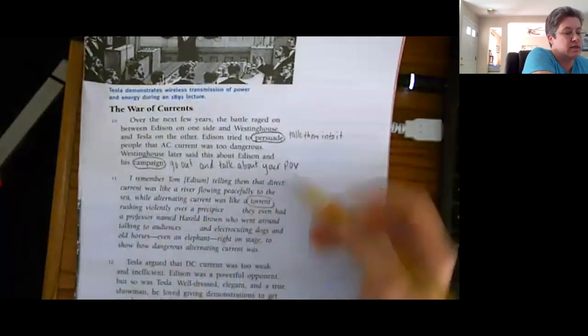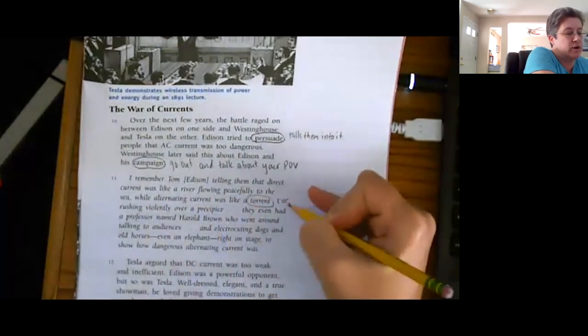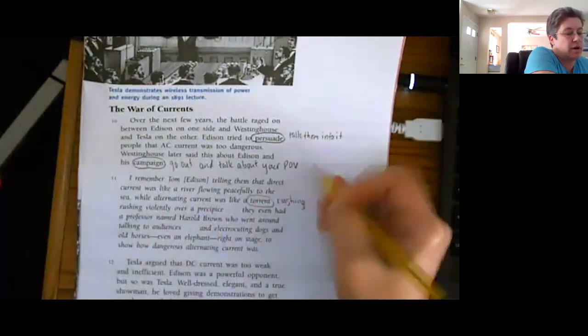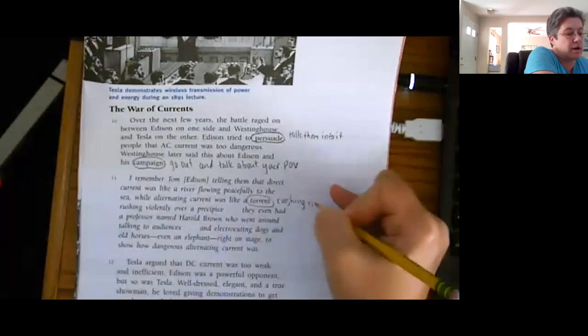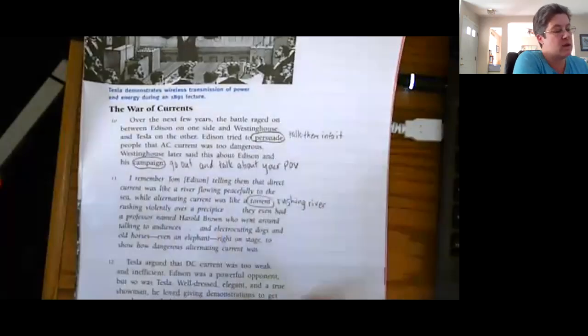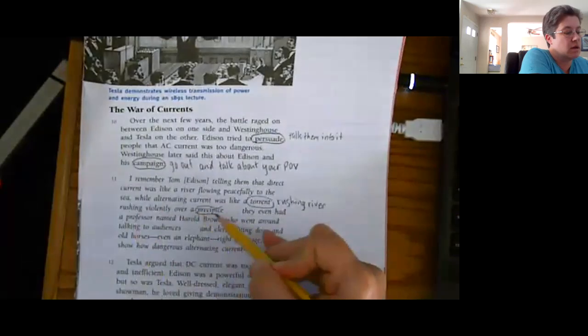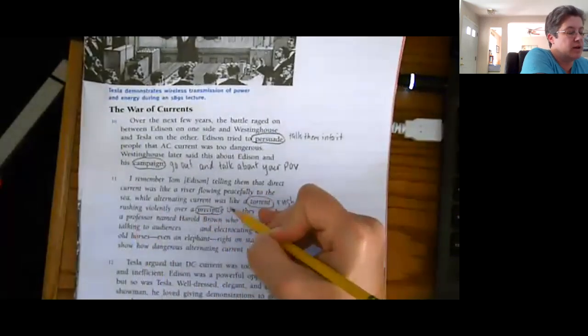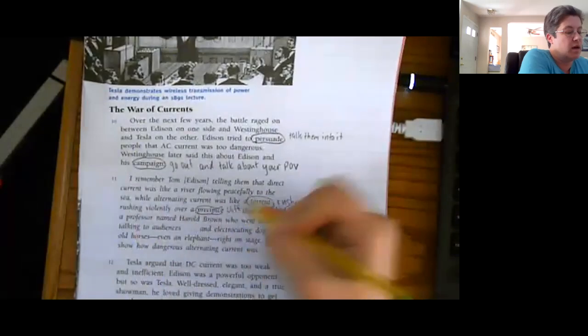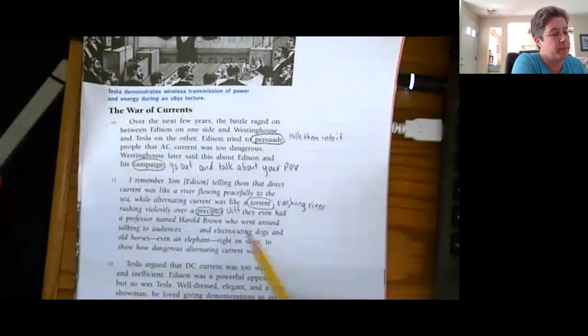A torrent is a rushing river. AC was like a torrent rushing violently over a precipice, over a cliff, kind of like a really dangerous looking waterfall.